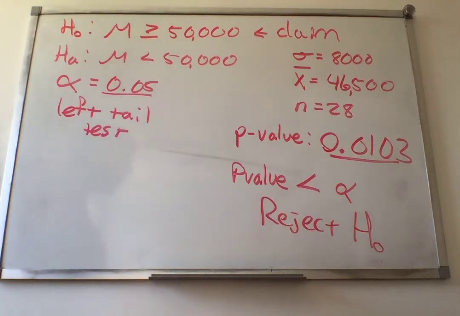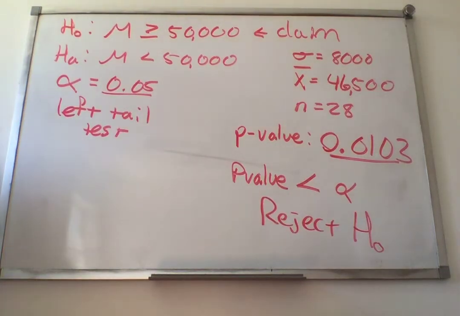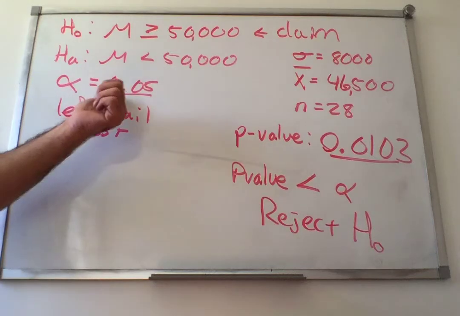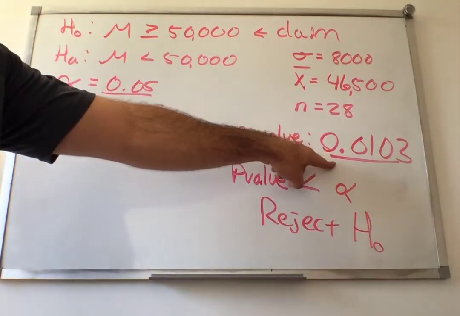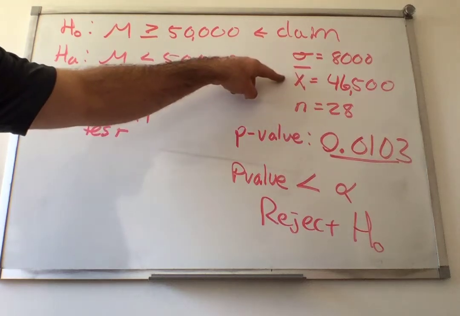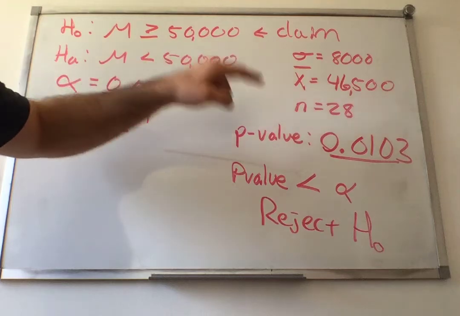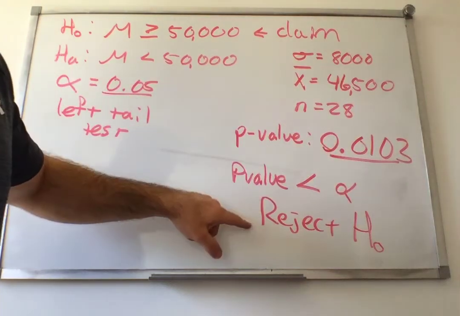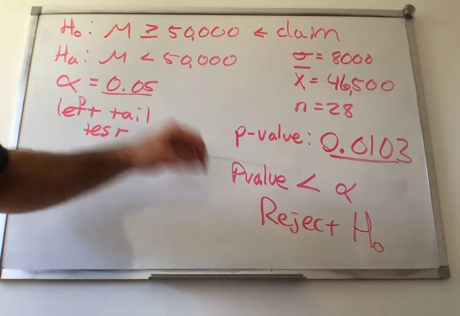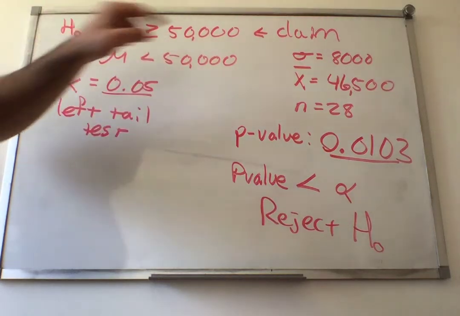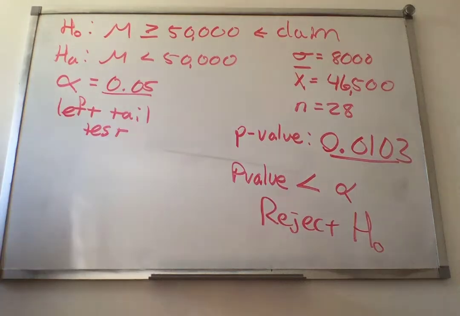So either one of two things happened. We made a type 1 error, because this is the maximum allowable probability for a type 1 error. So we either made a type 1 error when getting this, or we did find a sample, and if we collect more samples, they're going to come up with the same conclusion to reject the null hypothesis, meaning their claim is wrong, okay?